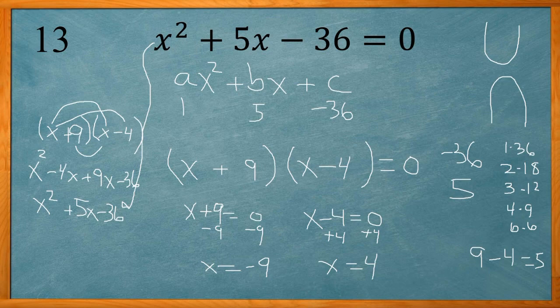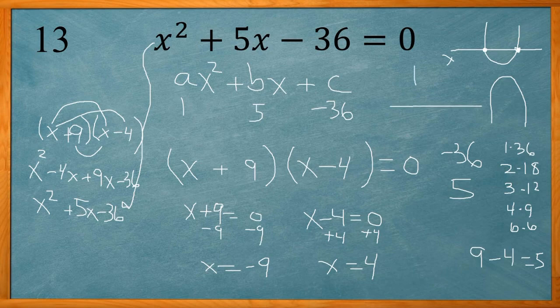Now what we're actually solving here is equal to 0. We're solving for the intercepts of the parabola hitting the x-axis. So sometimes you'll have two answers because it goes through the x-axis twice.